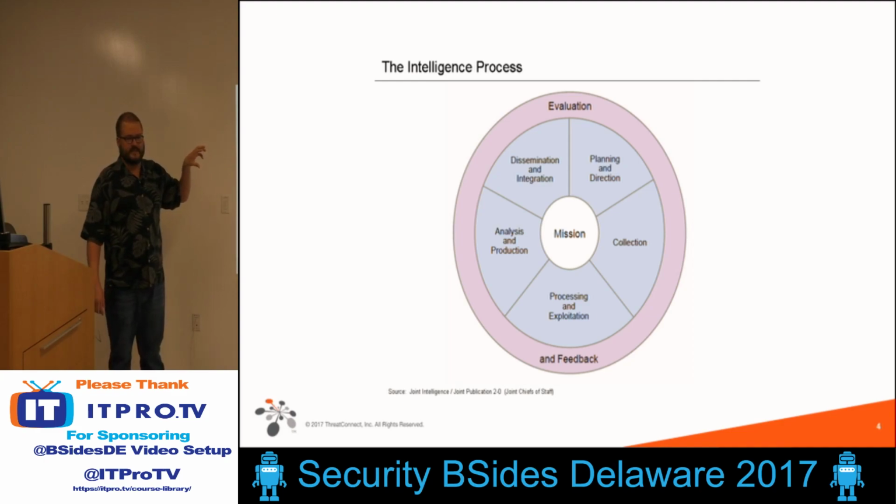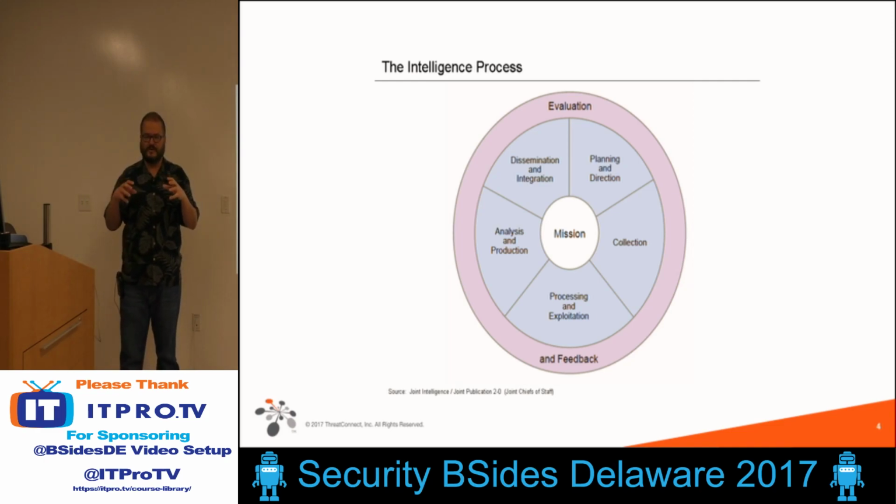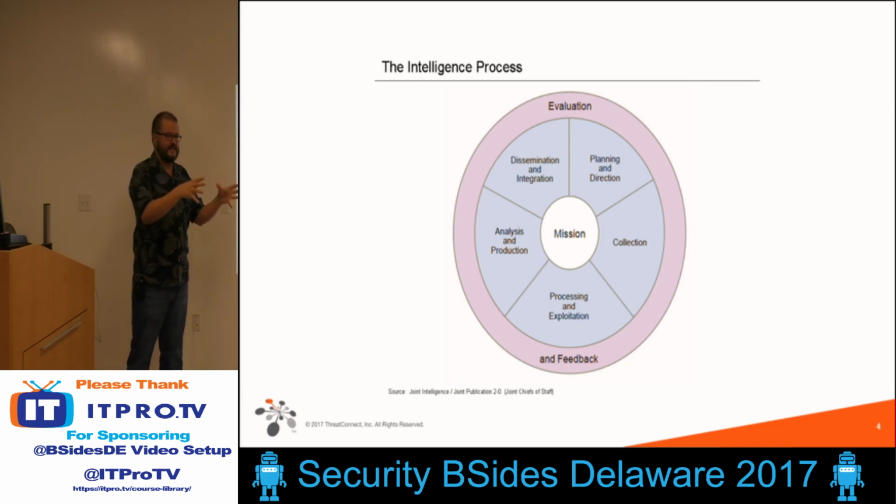We're not necessarily going to be dwelling in the collection stage today, but in processing and exploitation, this is the first thing you do: you have someone using software like Jupyter Notebook, mining and going through the stuff that has been collected and turning it from raw data into information.